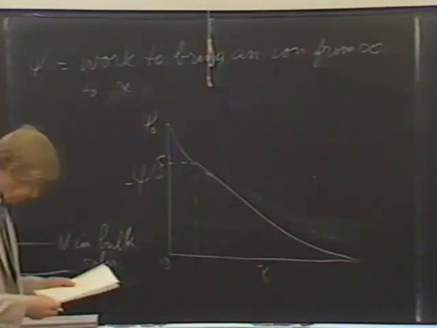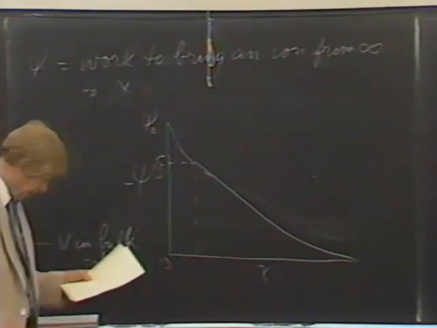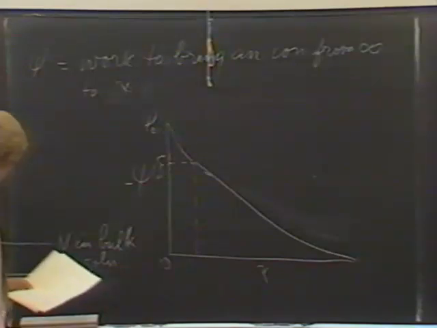Now, we said that the distribution of these ions away from the surface results from thermal agitation.